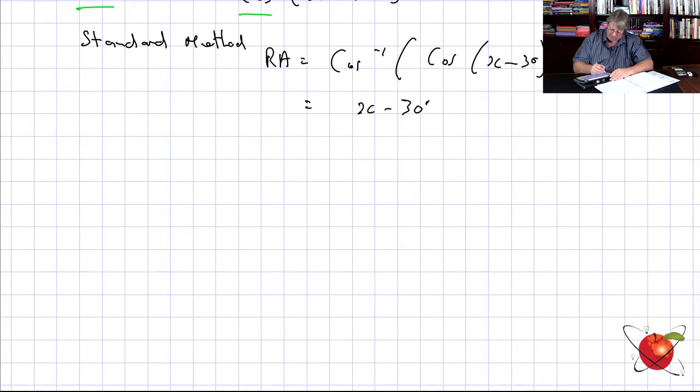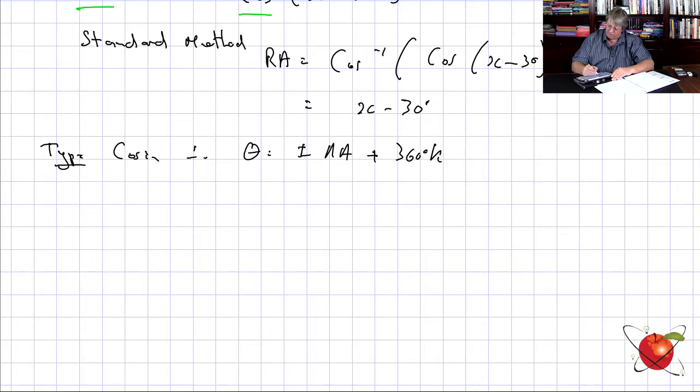And then I say type. It's a cos type. Therefore, my general formula, theta is plus minus RA plus 360 degrees k. Remember, we have to know this. You have to memorize that yourself.